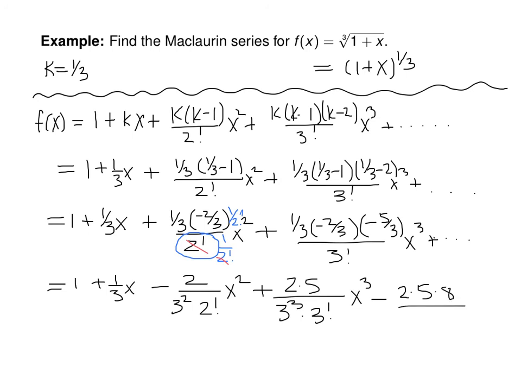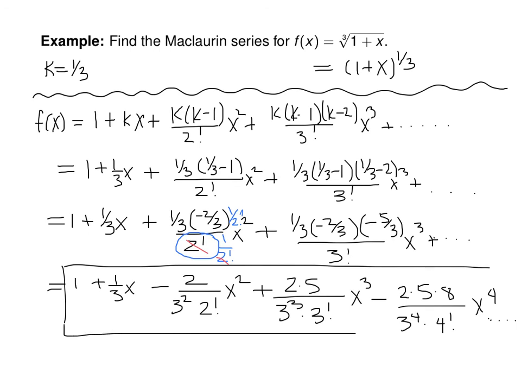The powers on the 3's match the powers on the variables, so we'll have a 3 to the 4th times 4 factorial x to the 4th, etc. So roughly speaking, that's the start of the Maclaurin series for (1 plus x) to the power of 1/3. Those are pretty darn ugly, and I think there probably is a way to write it in closed form. There is not a very easy way to write it in closed form.